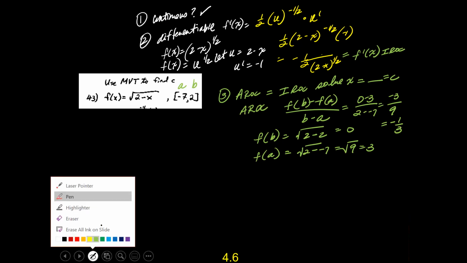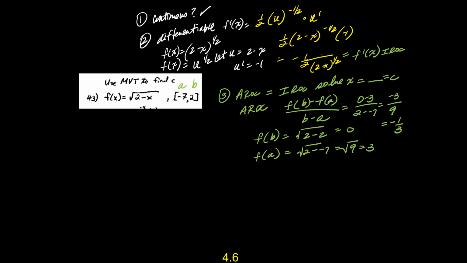Okay, so then looking at this here, I'm going to take my instantaneous rate of change and set it equal to my average rate of change. So then I will go ahead and have a -1 over 2, 2 minus x to the positive 1/2 equals -1 over 3.